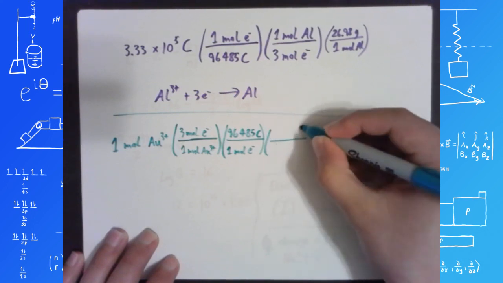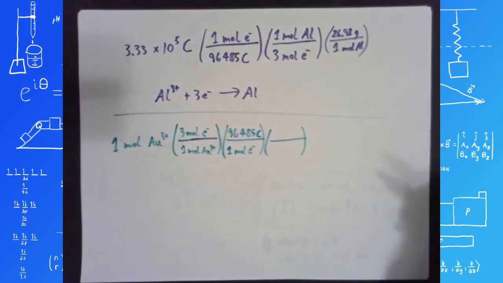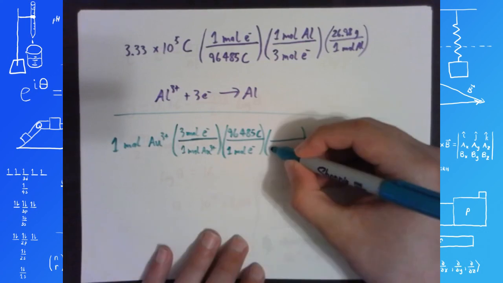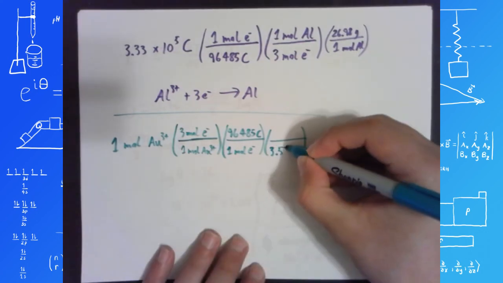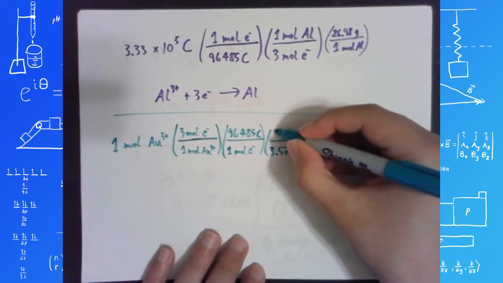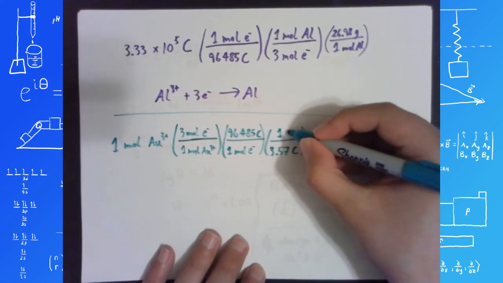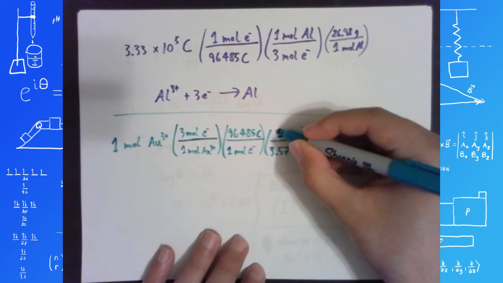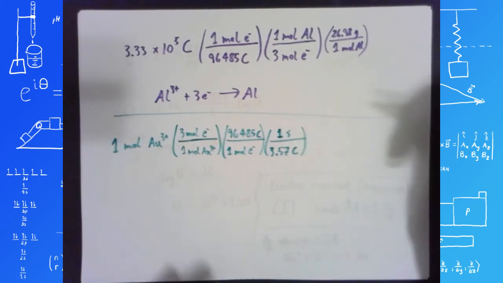And then based on the electric current that was given, 3.57 amperes, it looks like every 3.57 coulombs of charge take 1 second to be pumped into the system.